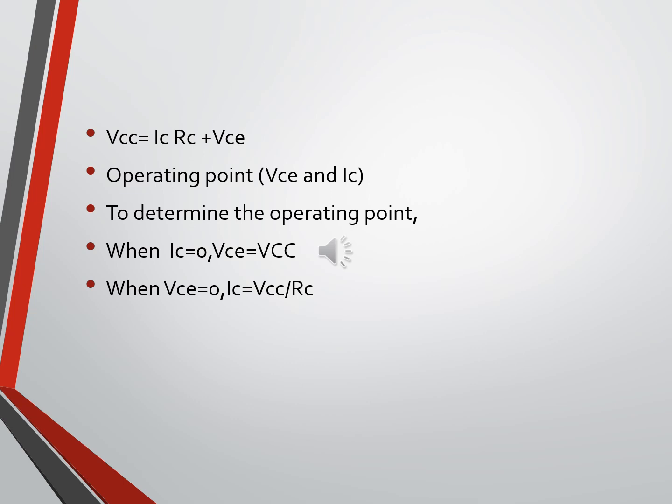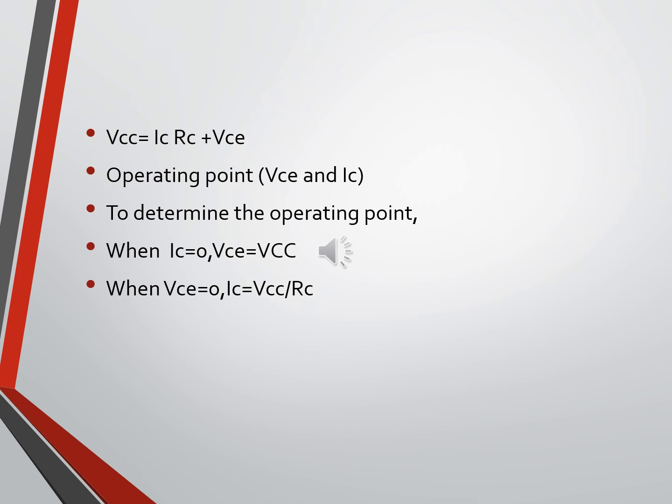What factor will it change? ICO doubles approximately for every 10-degree rise in temperature, and this is very important. This ICO, the reverse saturation current, doubles approximately for every 10-degree rise in temperature. And what about the VBE?